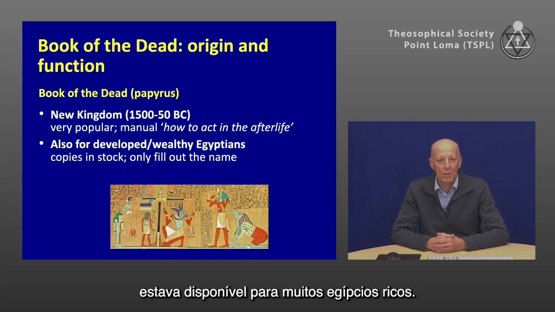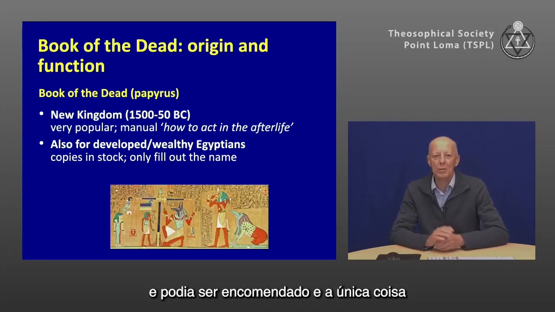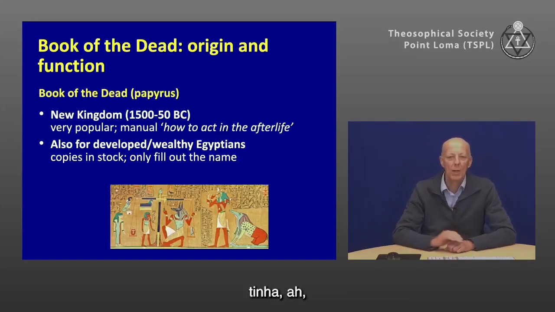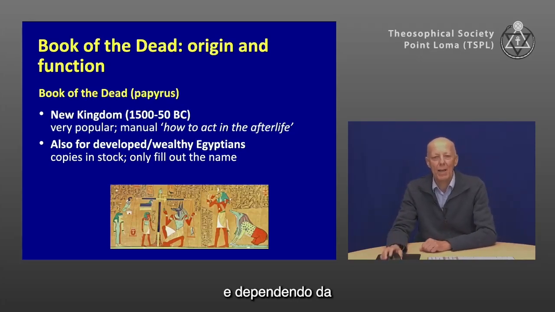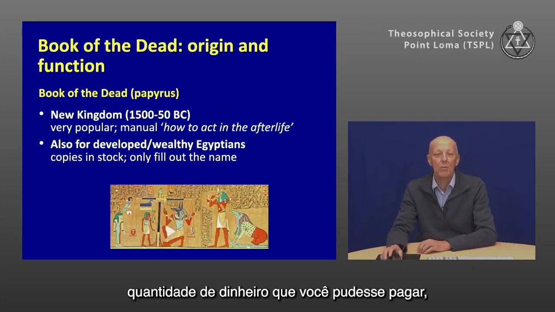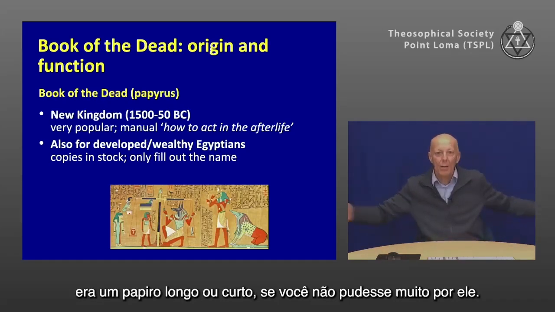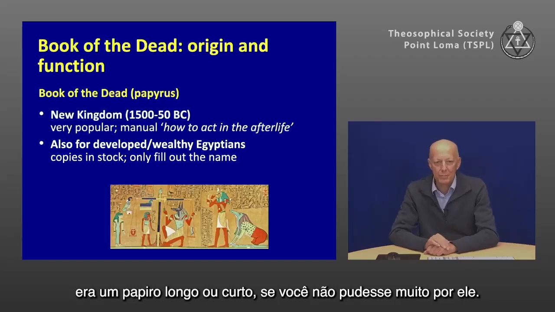By now it was also available to many wealthy Egyptians. It was in stock and could be ordered, and the only thing that needed to be done was to fill in the name of the deceased, and depending on the amount of money you could afford, it was a long papyrus or a short one if you couldn't pay so much.